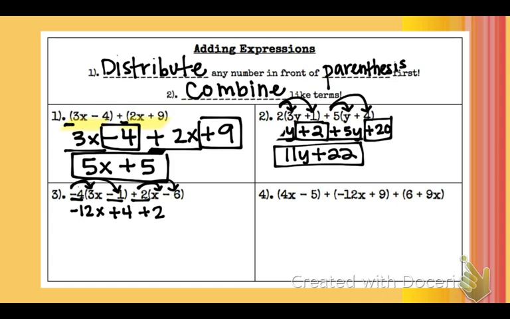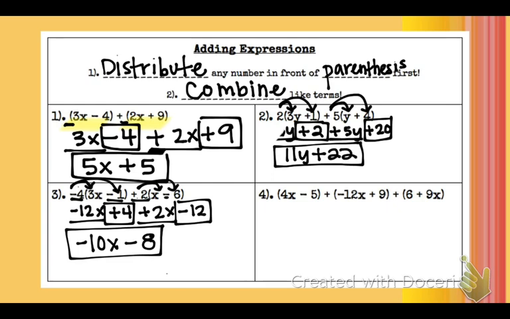So that gives me positive 2x. Positive 2 times negative 6 gives me negative 12. So I'm going to write that as a minus 12. Now I'm going to look for my like terms. Negative 12x, positive 2x is a negative 10x. Positive 4 and negative 12 is, that's right, negative 8. So write that as a minus 8.